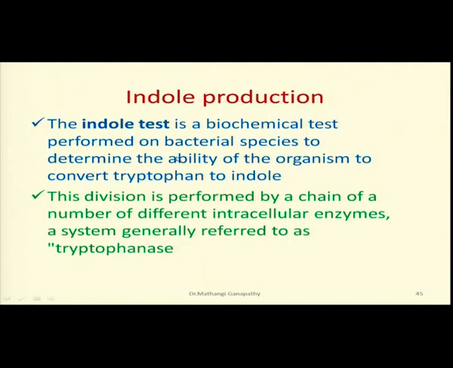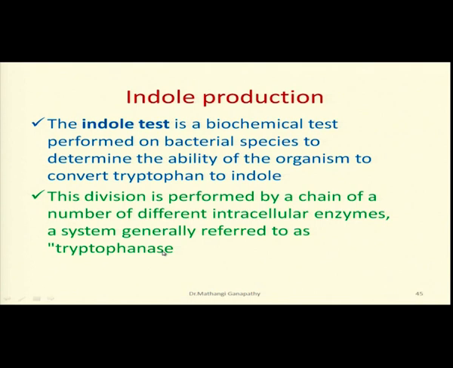Indole production. The indole test is a biochemical test performed on bacterial species to determine the ability of the organism to convert tryptophan to indole. Tryptophan is an essential amino acid, and some organisms have the capability of converting this tryptophan into indole. This conversion is performed by a chain of intracellular enzymes, and this system is generally called the tryptophanase.